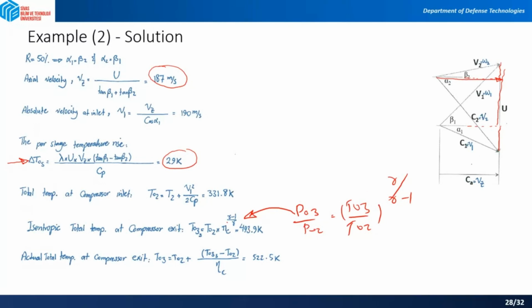Then you will find your temperature in here. This is found to be 493.9 Kelvin.